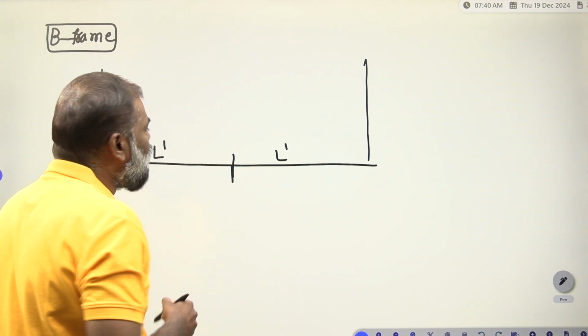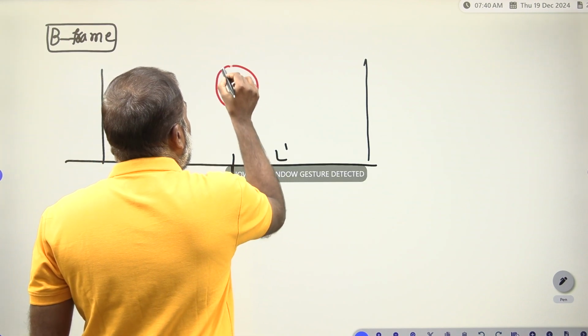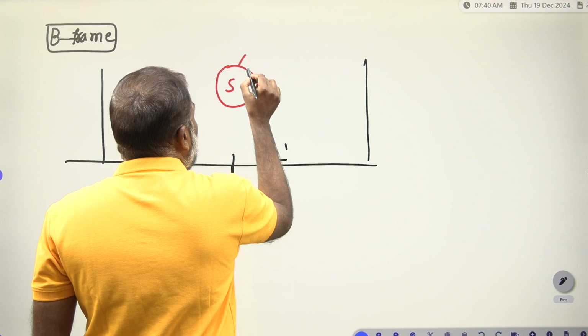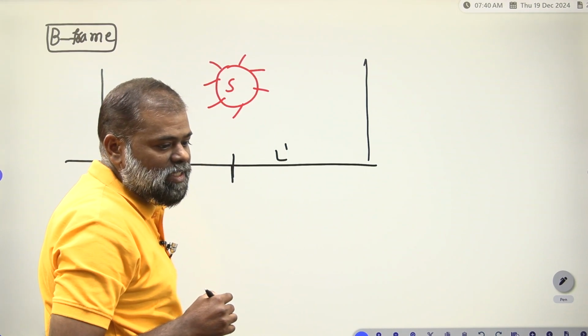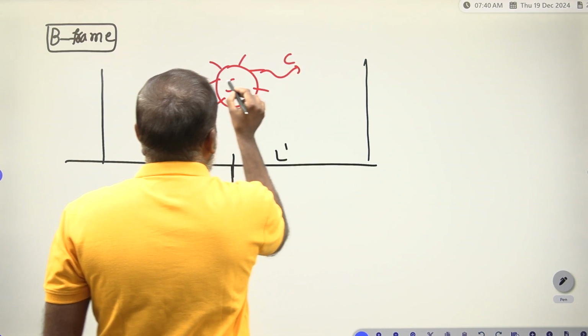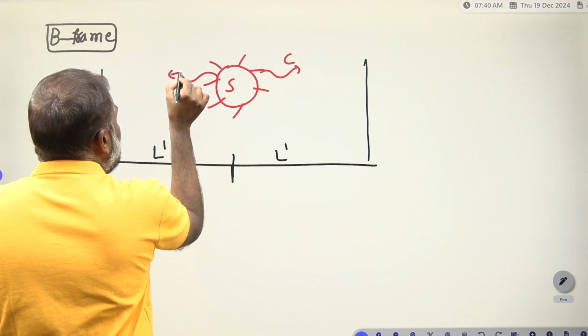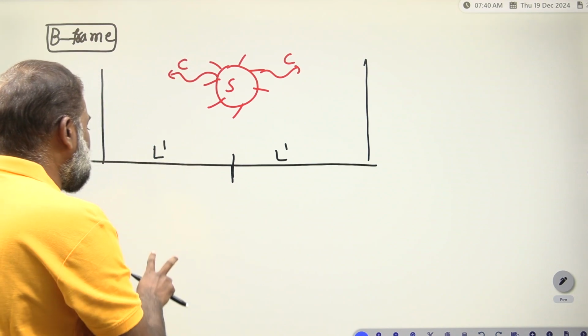Now, the sun is illuminating here. The person is moving with velocity c in this direction, going with the c velocity, right.